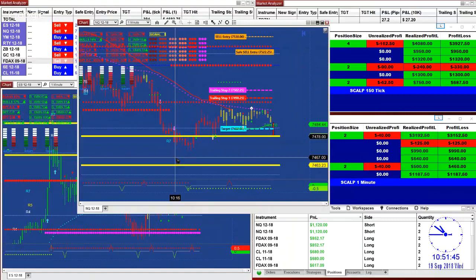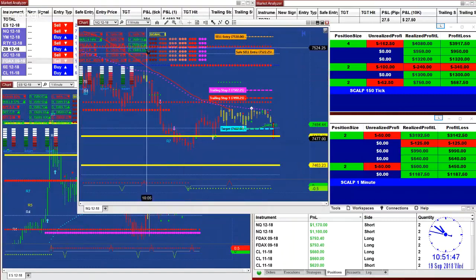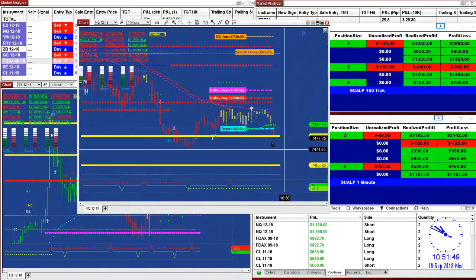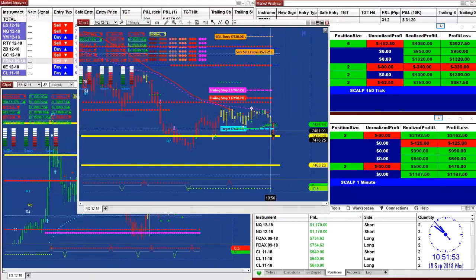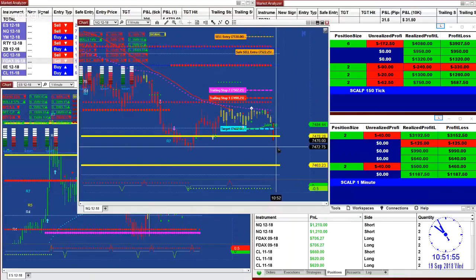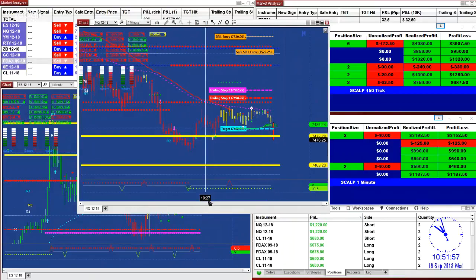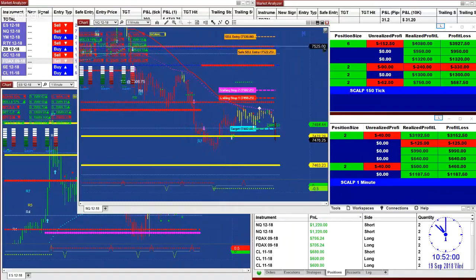Even if on the Nasdaq now you can see there are a lot of sellers, which is going to push the Nasdaq a bit down, those are not tradable areas to take a few ticks here and there. Those are not safe entries anymore.